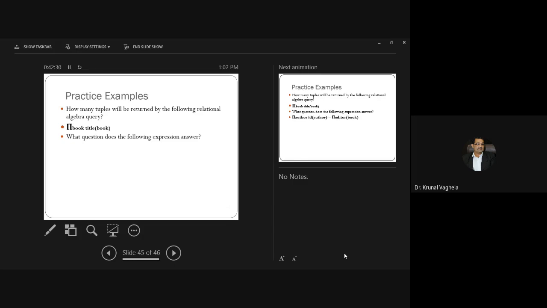What question does the following expression answer? Now I'll do reverse mapping. I'll show you the query, and you need to tell me the question. I'll show you the answer, and you need to tell me the question. This is the answer.